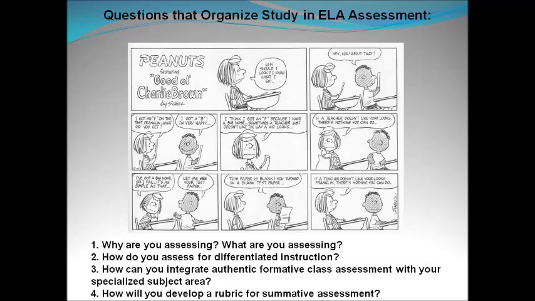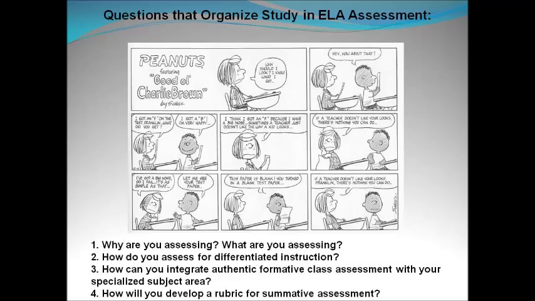So, does it go up the Bloomian taxonomy, right? Is it simply asking them to regurgitate facts or knowledge back at you, or is it asking for something more complicated than that? Does it ask them, for instance, to comprehend what they're learning? Does it ask them to apply what they're learning, or analyze what they're learning, or synthesize what they're learning, or evaluate what they're learning? These sorts of things.